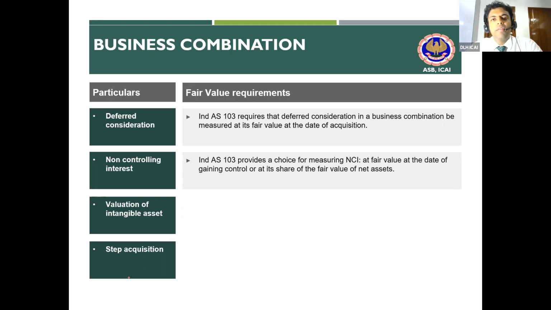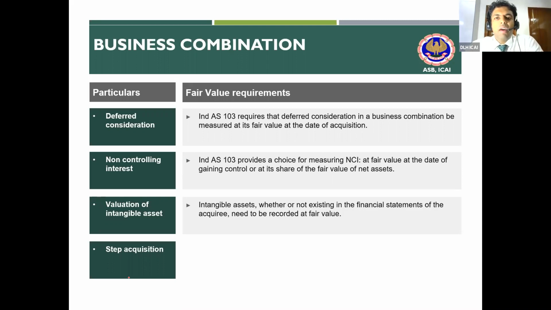If one company has acquired another company, the acquirer needs to identify the various intangible assets which have not been recognized by the other company. There is a specific requirement under business combination under Ind AS 103 that those hidden assets need to be identified and they will be recognized at fair value. That fair valuation is to be carried out as per Ind AS 113.